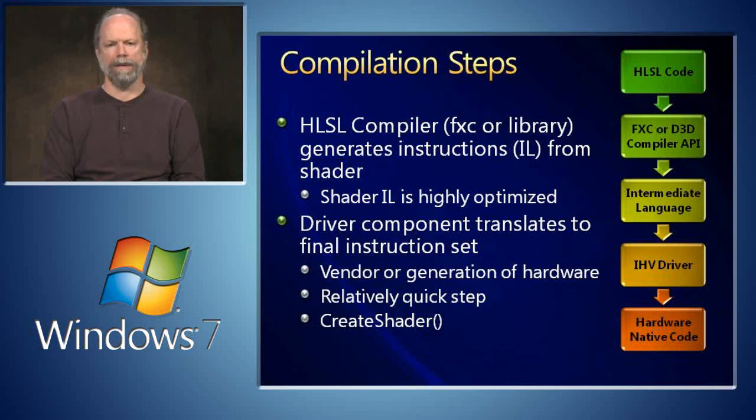At that point, now you have what amounts to something analogous to an OBJ in terms of a compiled shader. And then that is passed to the hardware at the time it's needed to be executed for a final JIT or a translation step that converts it to the actual binary instruction set for that chip. This is a relatively quick step, as done at runtime, and uses the CreateShader API call to perform that.